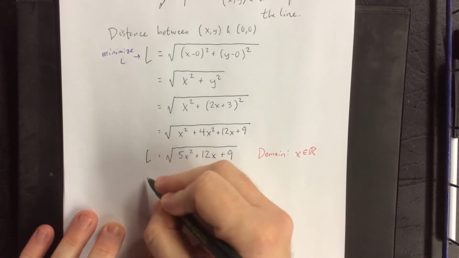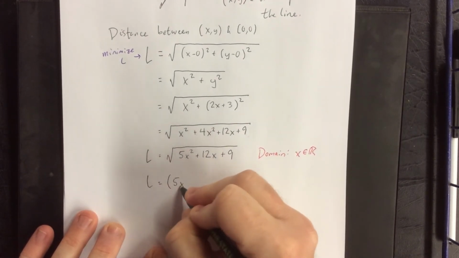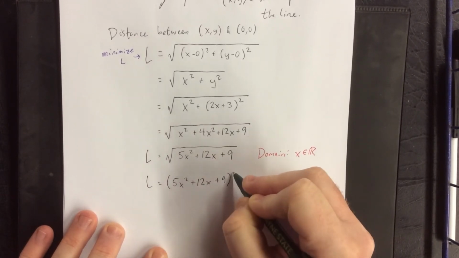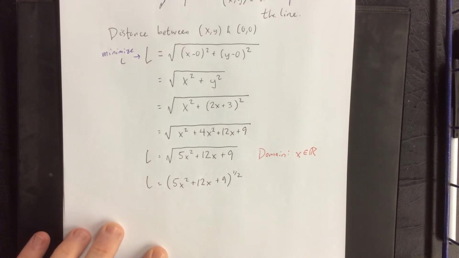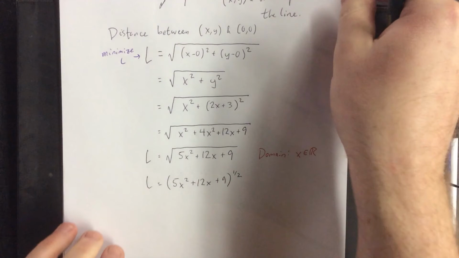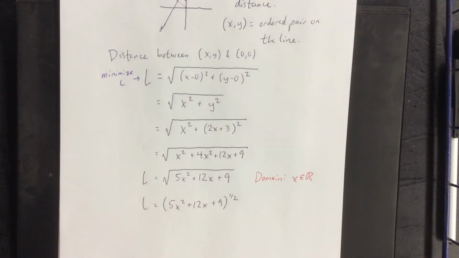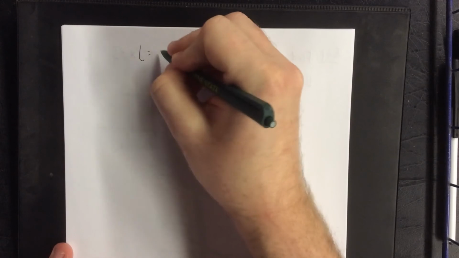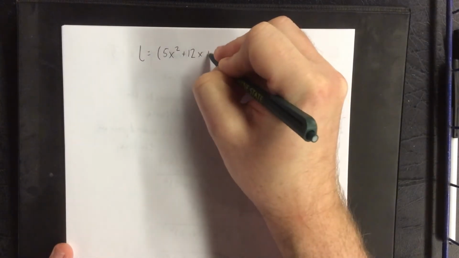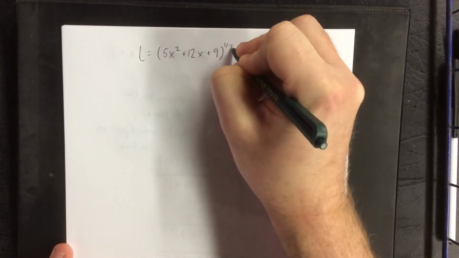Now, a step of algebra in anticipation of what we're about to do. We are about to take a derivative, and the thing that we like to do with square roots is express them as 1/2 powers so that we can apply the power rule. So, flipping over to the other side of the page, I'm going to recopy what the objective function is. L is equal to (5x squared plus 12x plus 9) raised to the 1/2 power.